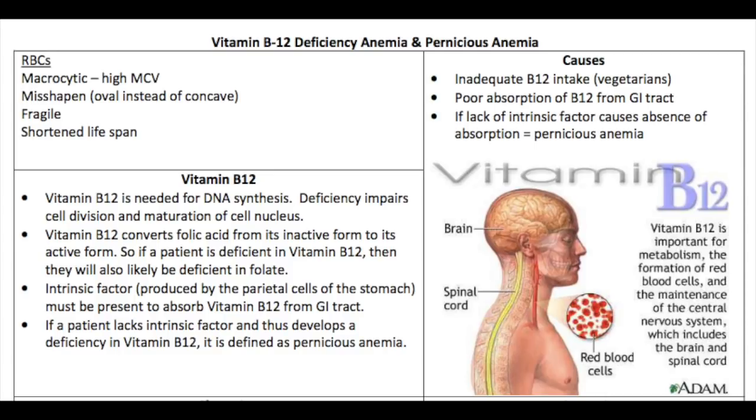It could be a poor absorption of B12 from your GI tract, or it could be a lack of intrinsic factor, which causes absence of absorption. So you don't even absorb at all, which would mean that you have pernicious anemia.